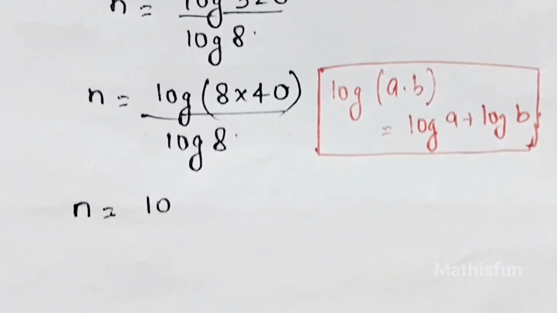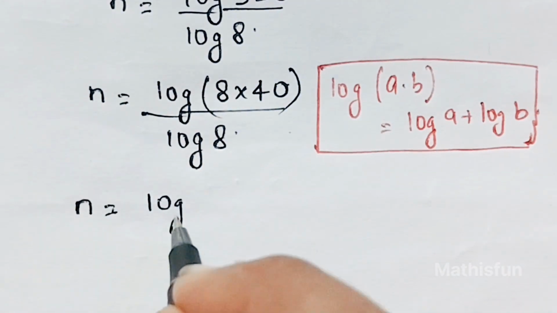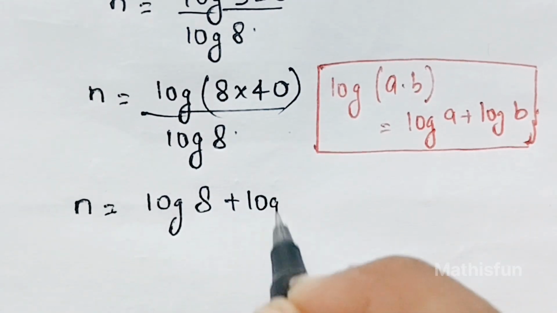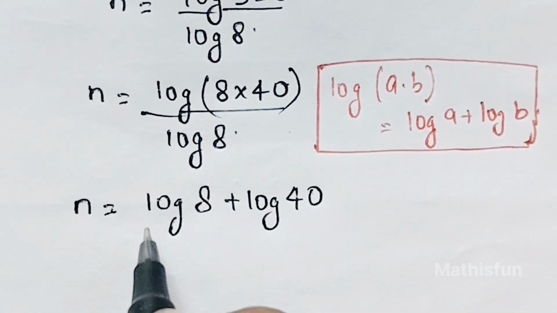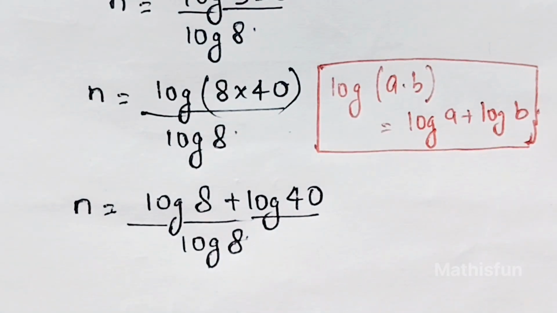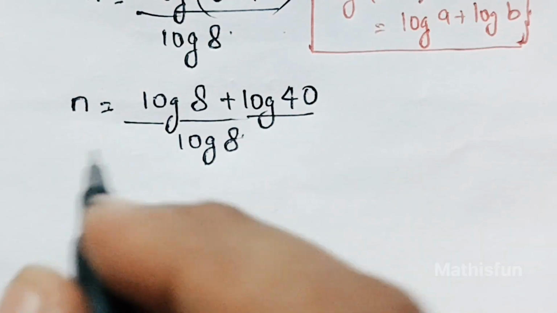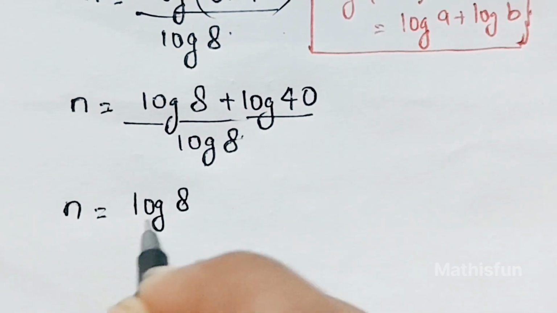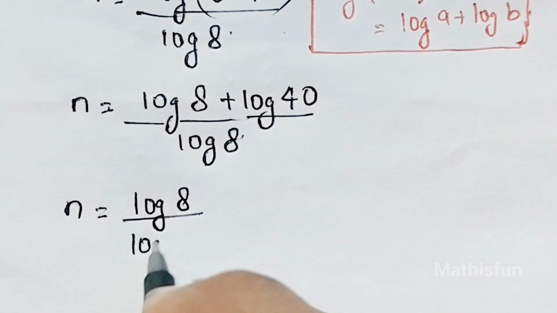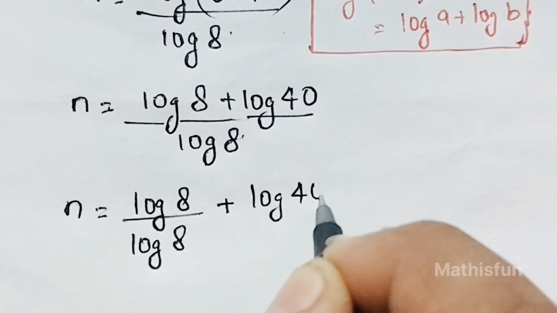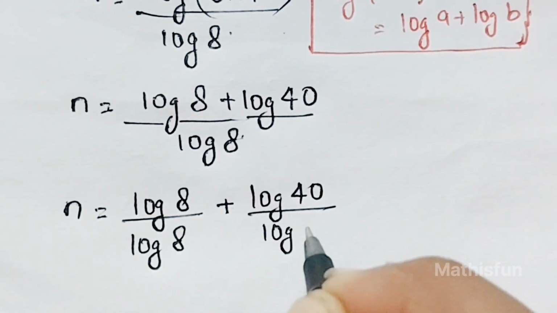to solve our equation. Now log 8 plus log 40 over log 8. Clear? Now n is equal to log 8 over log 8 plus log 40 over log 8.